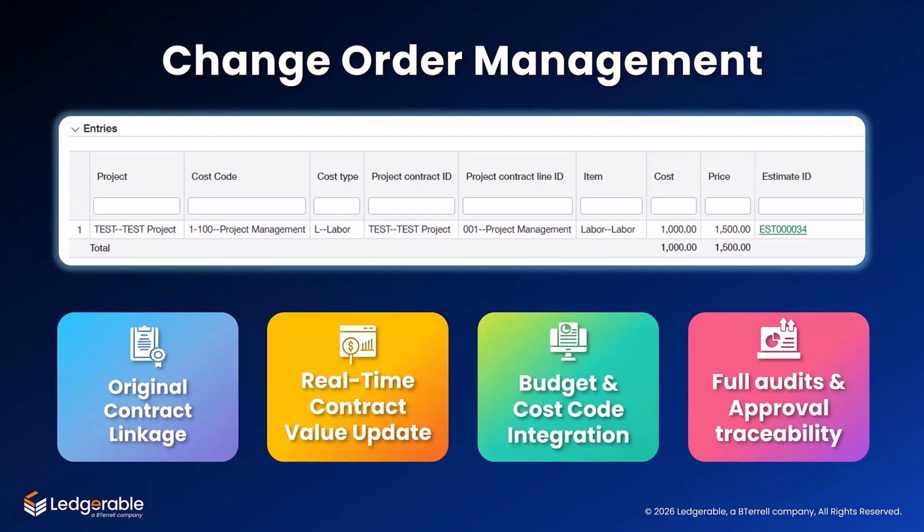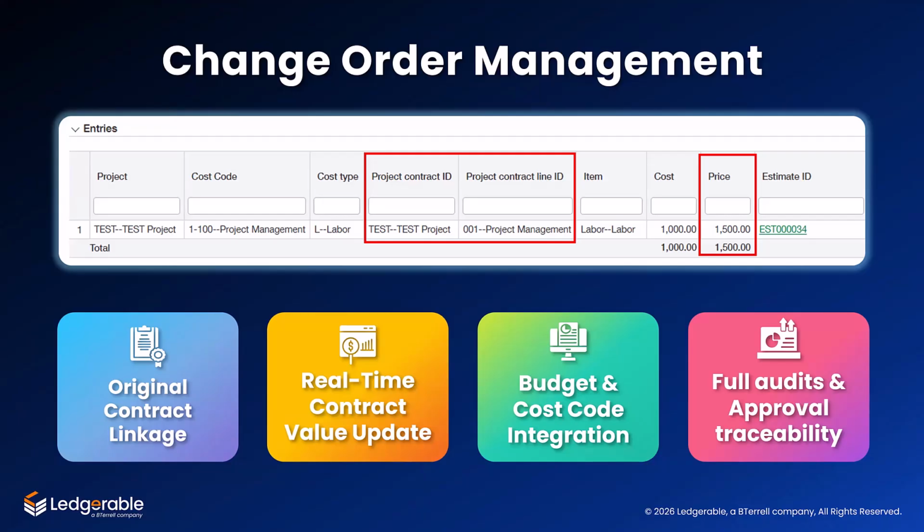We're working within a specific project contract, and at the contract line level, for example, project management, we have added a change order amount, say $1,500. Once that is approved, that amount is automatically reflected on the contract line, updating the total revised price.